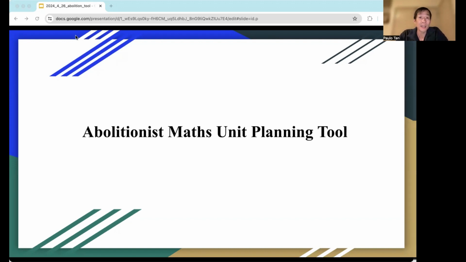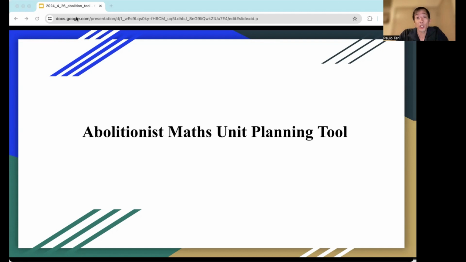This, again, is a practical presentation, if you will. So this is one way that I think we can practice abolitionist math practices. And in this case, we're going to be looking at a unit planning tool that I have utilized in my courses in teacher education settings for a few semesters.